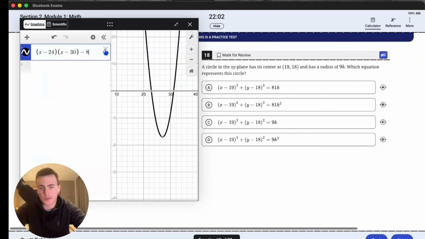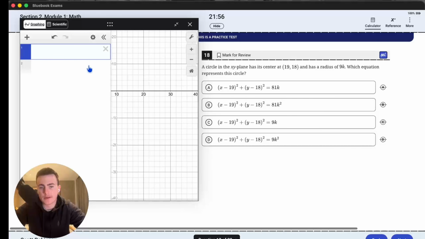A circle in the xy plane has a center here and a radius of 9k. Which equation represents the circle? So your center, this is very important. Your center in standard form is x minus h squared plus y minus k squared. So the center is 19, which means 19 will go here, and then the y value is 18, so 18 will be here.